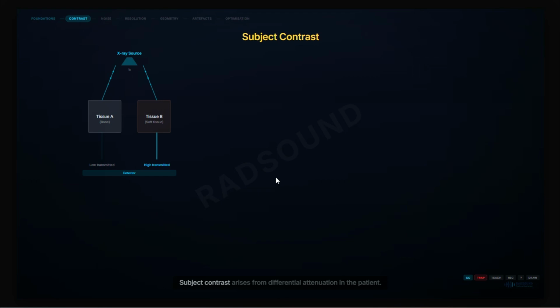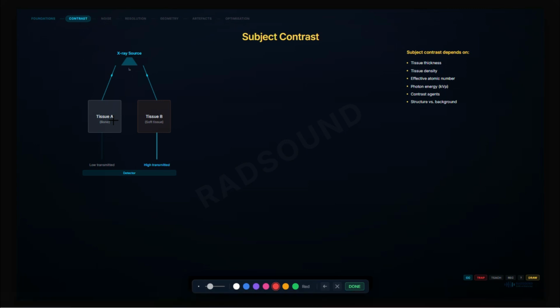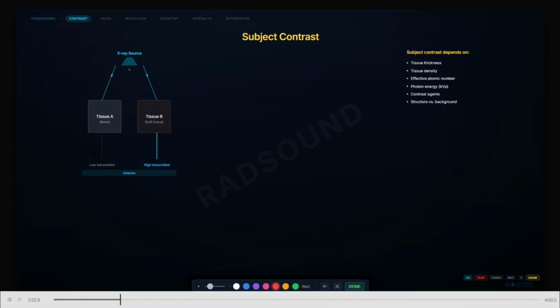For instance, lungs appear black because most of the photons will be transmitted through the lungs, because they have low attenuating capacity compared to iodine, which will attenuate almost 80 to 95% of the beam passing through it. These differences in the attenuation capacity of the different parts of the body will give the subject contrast. So for instance, tissue A, which is bone, has low transmission. Most of the photons coming from the X-ray passing through bone will be attenuated within the bone.